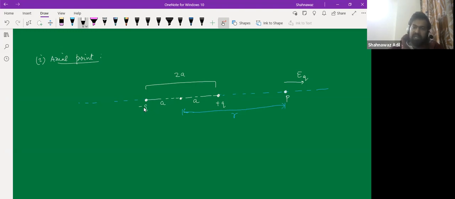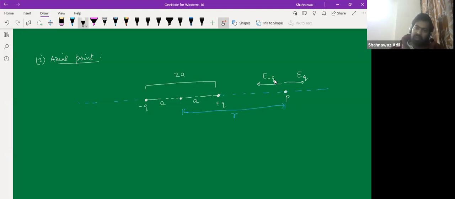So electric field lines are towards the negative one. So then this would be this side. Clear, guys?